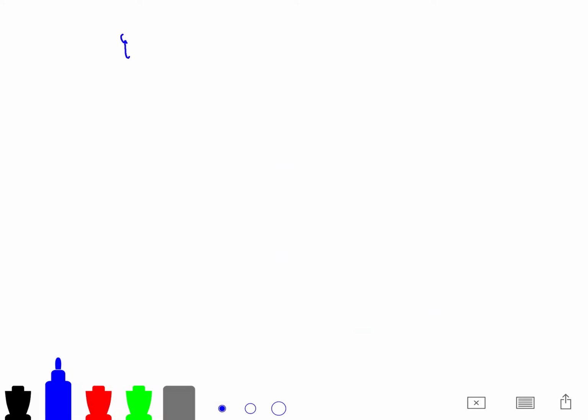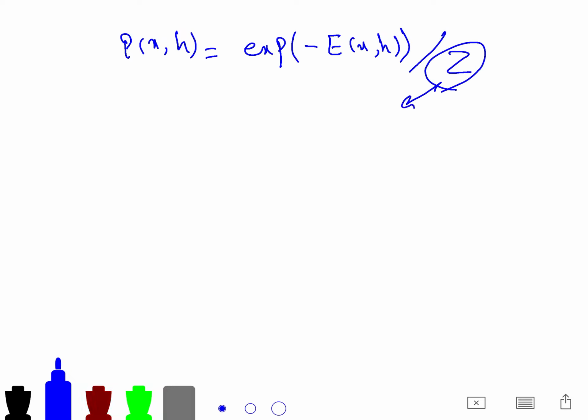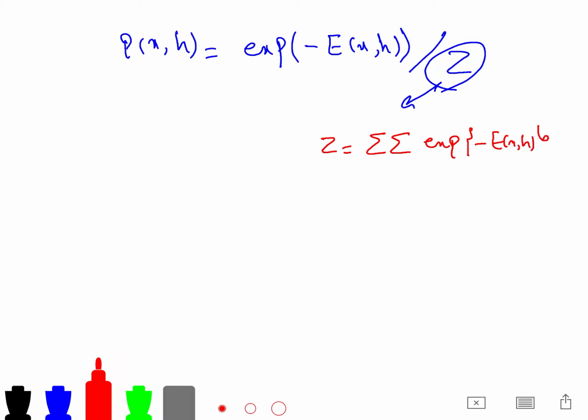So the distribution P of x and h is just the exponential of minus energy divided by a partition function. This partition function is intractable, like many other problems. This paradigm has been used in several different contexts, in Gaussian processes and in many problems in machine learning.